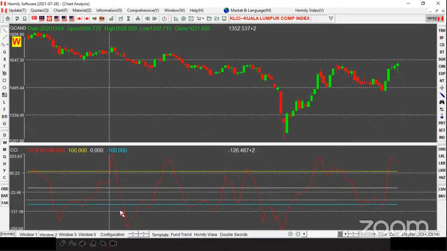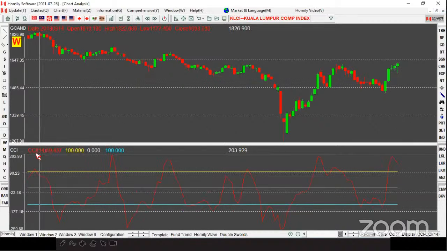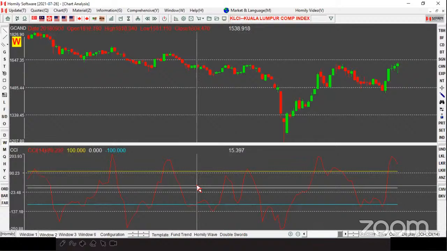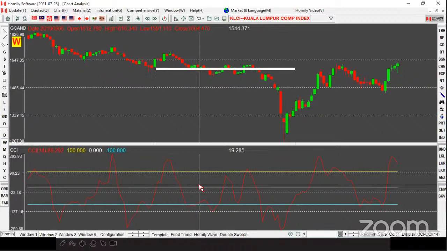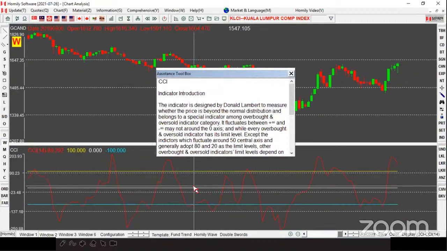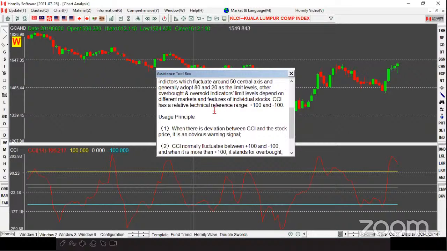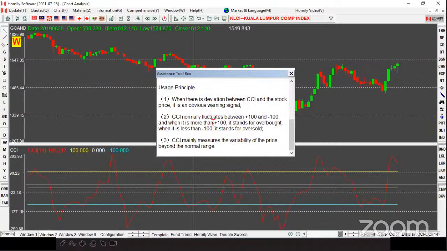This red line is actually the CCI line. And if you want to know the detailed explanation or principal application, you can right click this window, then you will see the indicator introduction over here. You can see the brief introduction and also the usage principle for these indicators.